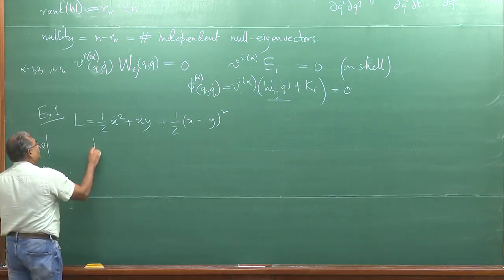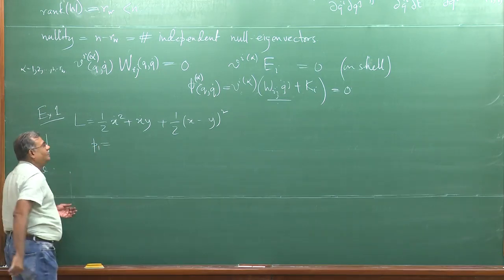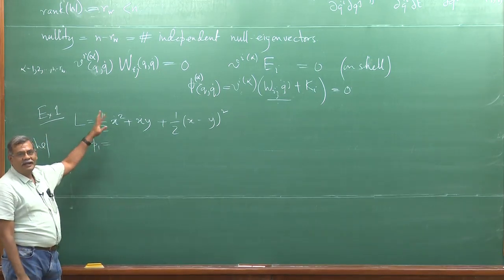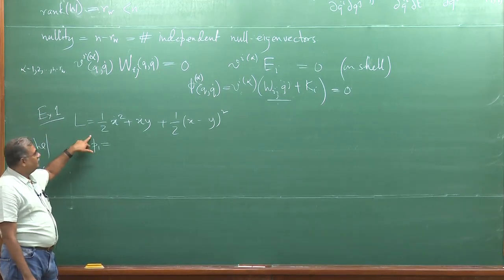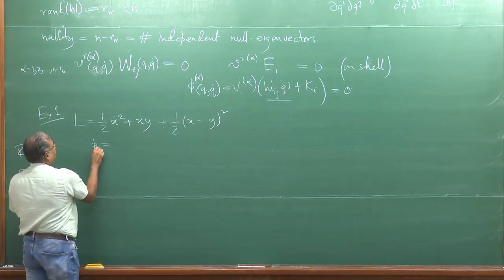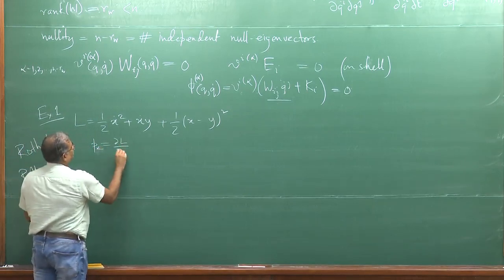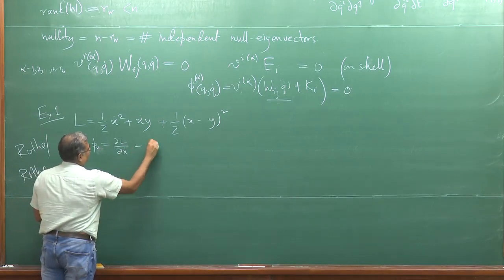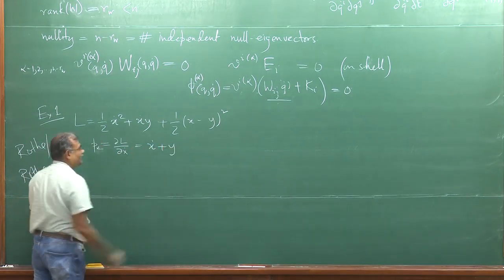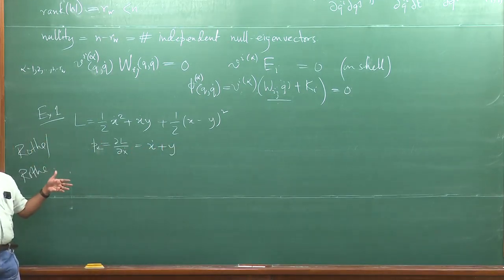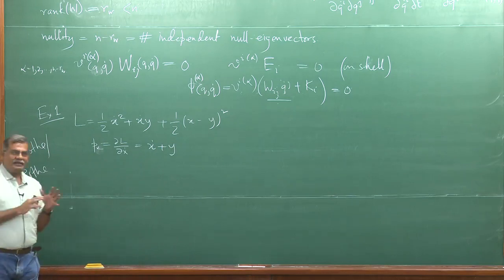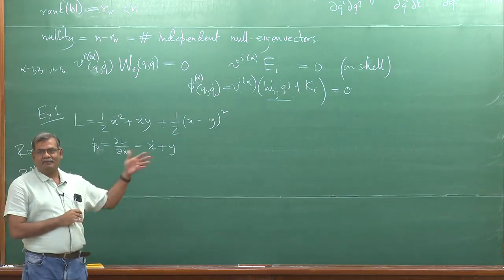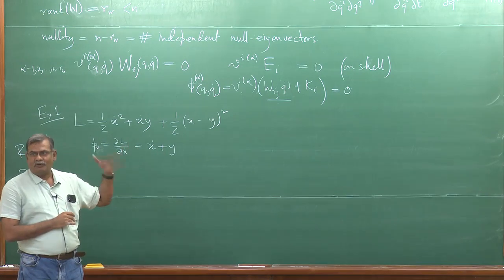Now, let me just work out this, try to solve this problem using standard methods. So, P_x here would be del L del x dot. You can all tell me what that is. By the way, you should all keep check as to whether I'm doing the algebra right. My algebra is notoriously bad, and if I mess up the sign here, the whole class will go out of the window.